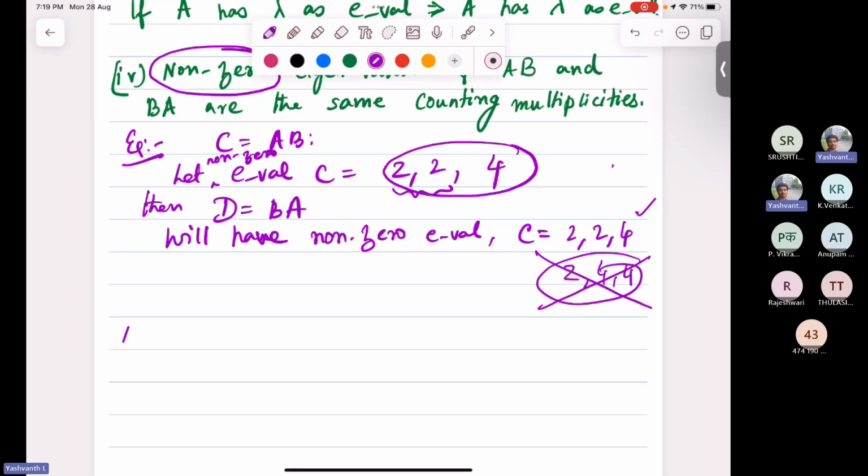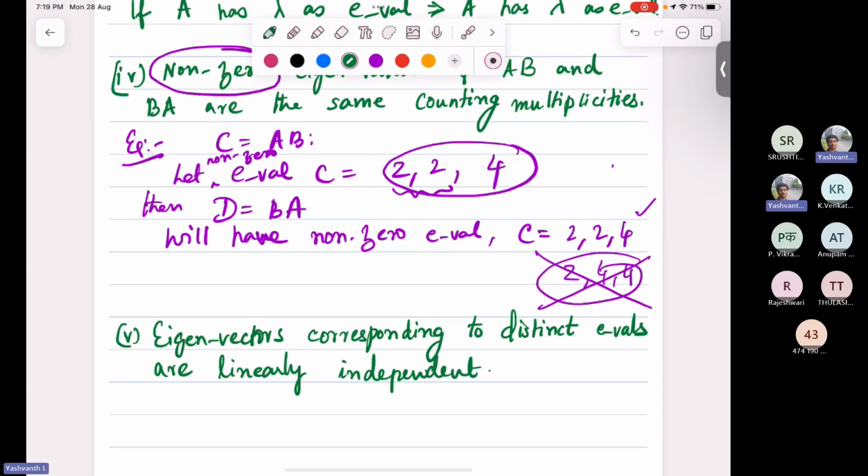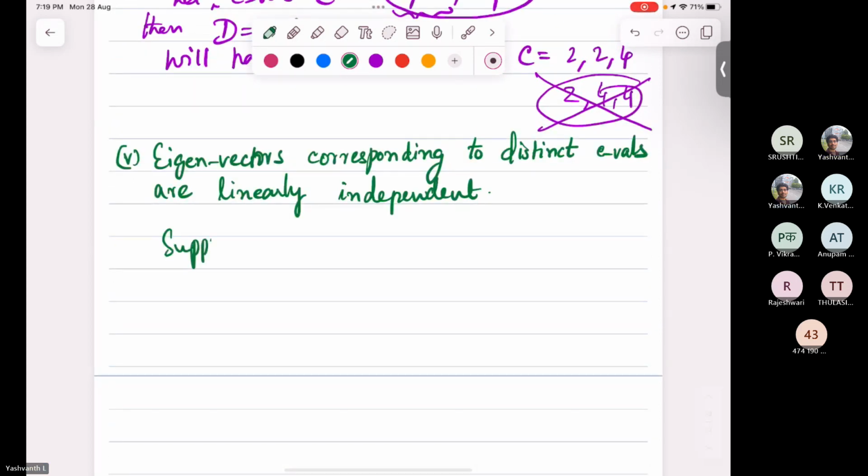Fifth property: eigenvectors corresponding to distinct eigenvalues are linearly independent. I think this is a very standard result. What does it mean? Suppose lambda 1 is an eigenvalue of matrix A and it has a corresponding eigenvector x1.